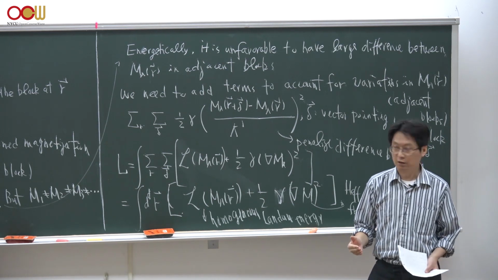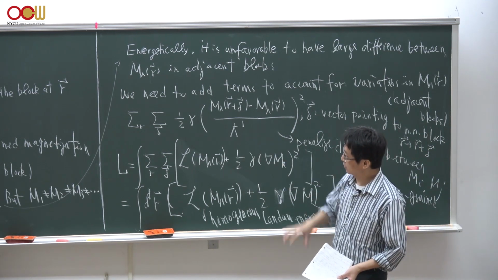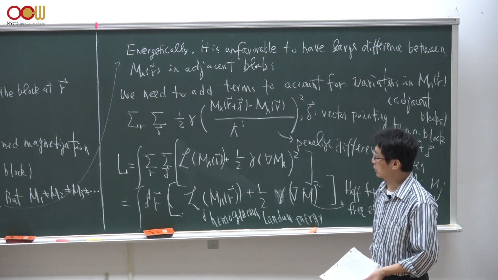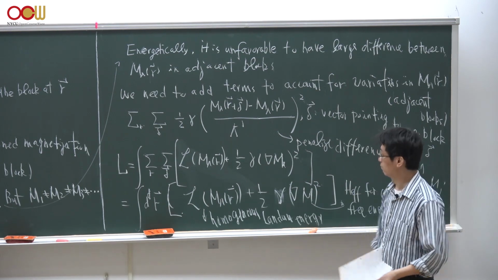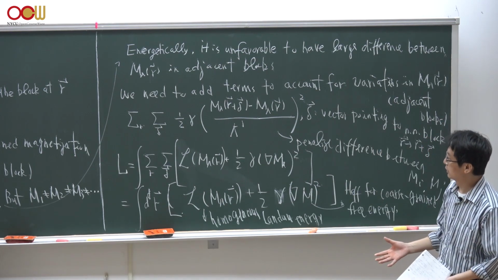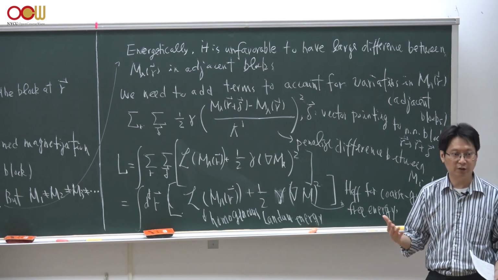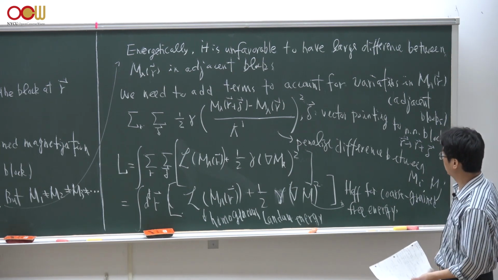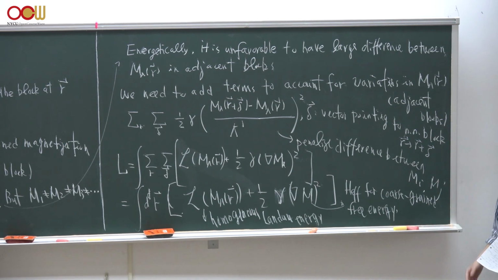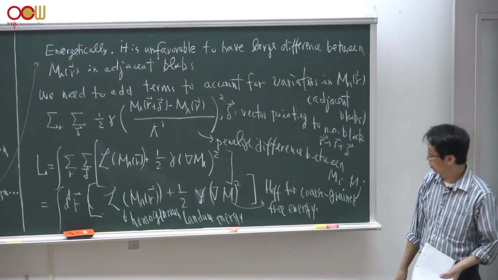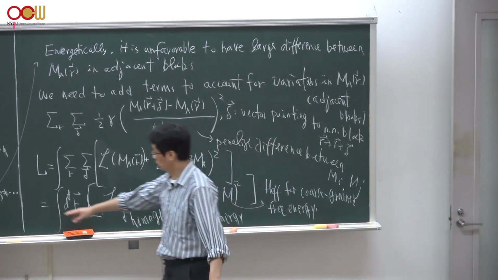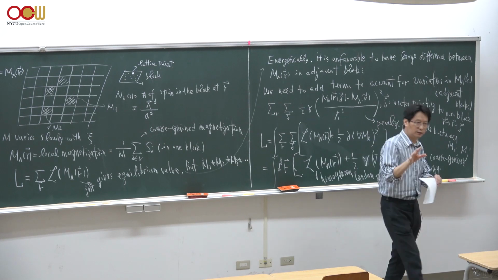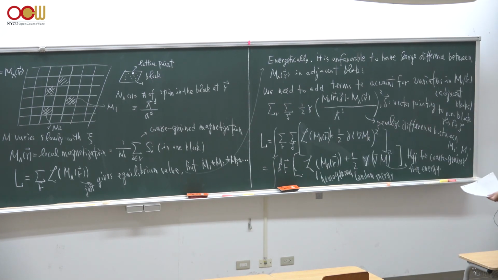Remember that. This very spatially inhomogeneous configuration of different local magnetizations is not stable. It should not be a global minima. So we need to give a penalty to these different values, at least in adjacent nearest neighbor blocks.